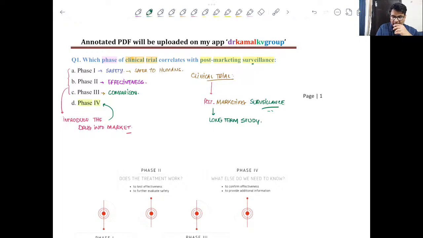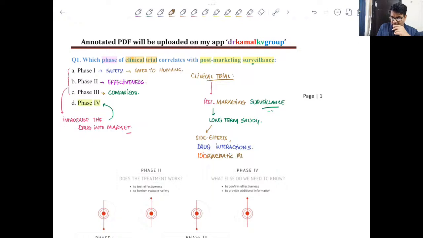Here we want to study the side effects. We want to study the drug interactions: if we give this drug in combination with another drug, what will be the interaction? And idiosyncratic reactions.